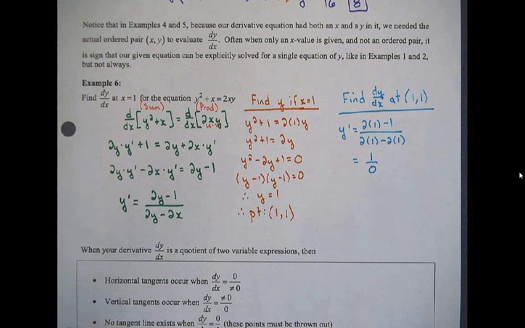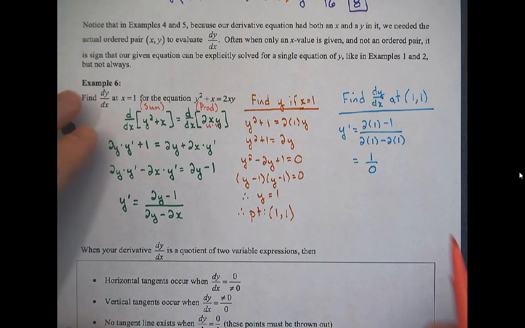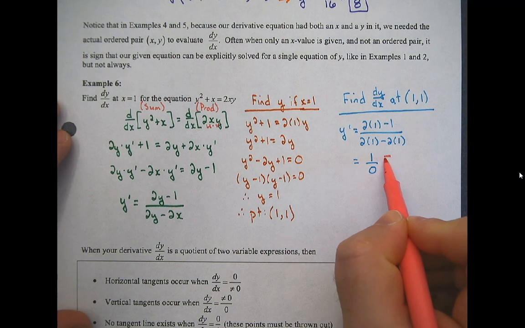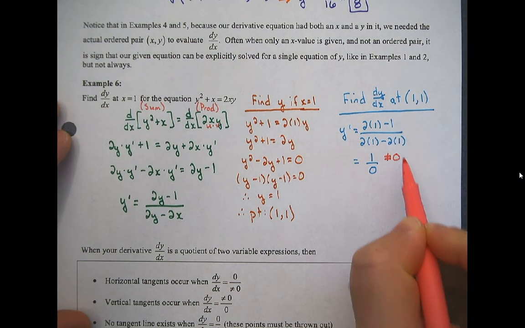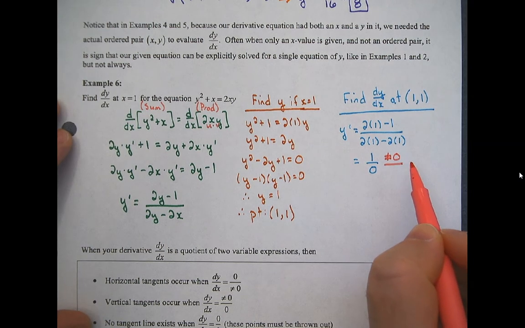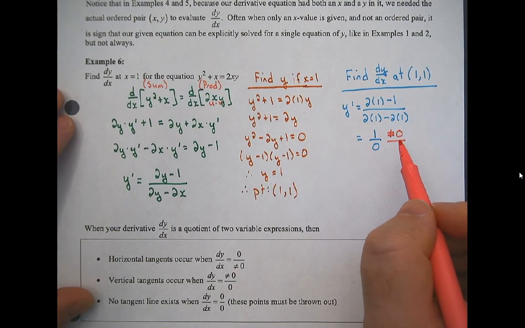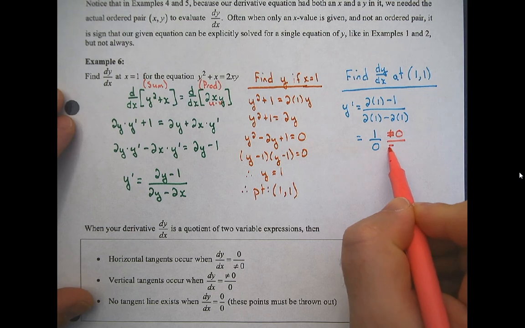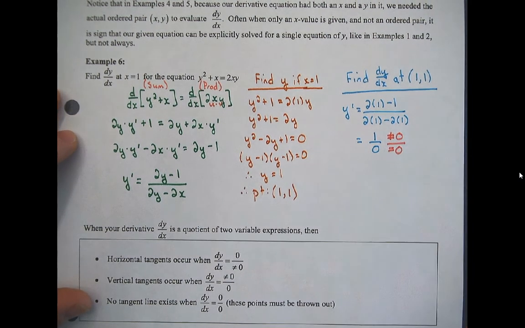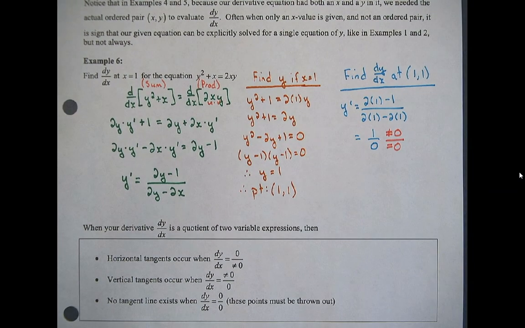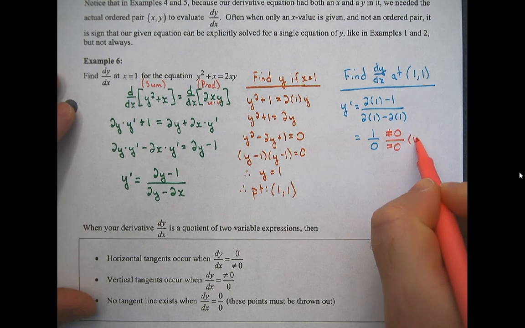alarm bells going off. Notice, this is that scenario that we worked on way back in the first unit. We've got something that doesn't equal 0 on the top and does equal 0 on the bottom. What does that imply? That implies a VA.